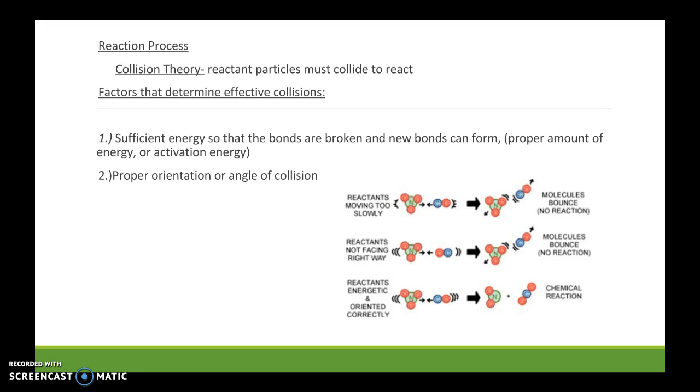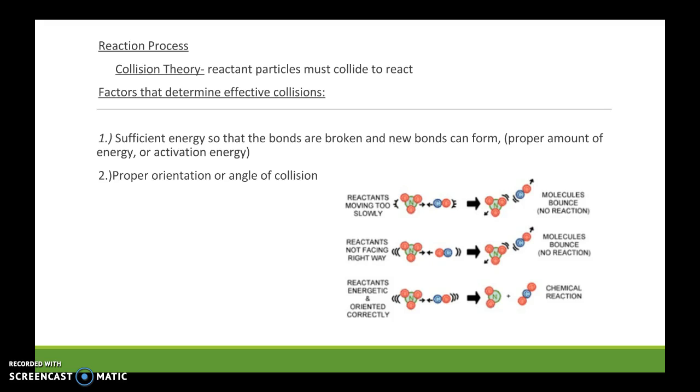The second thing you need to know is the reaction process. This is where collision theory comes into play. The big thing about collision theory is that you need 2 particles to collide to get a reaction. So reactants must collide to get a reaction. There are 2 things that matter to give you effective collisions.